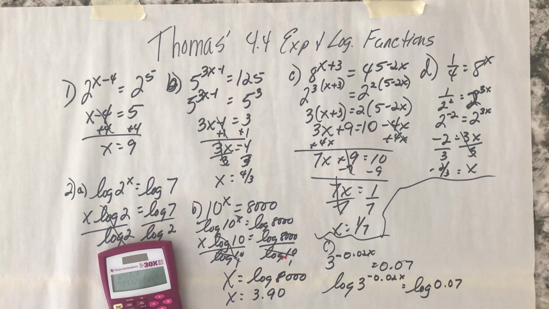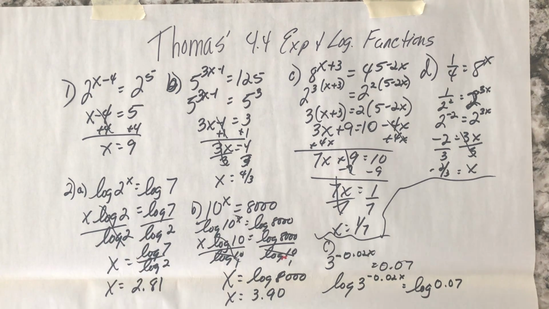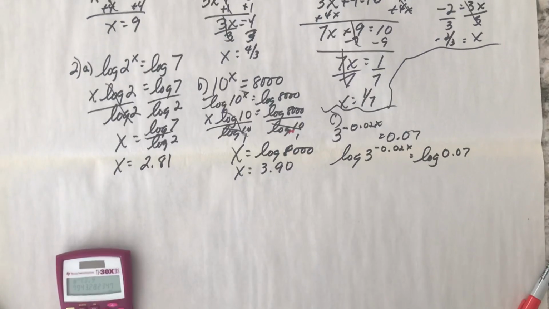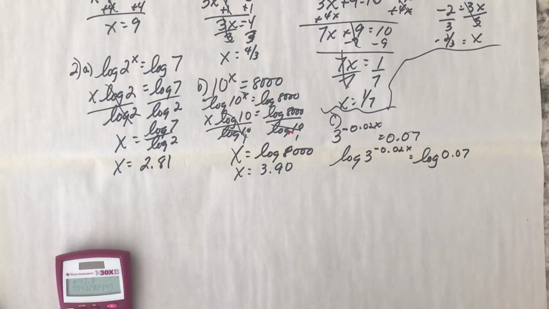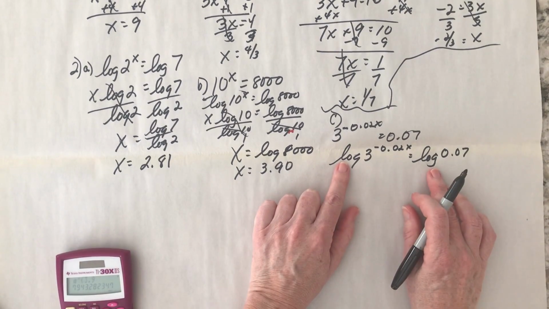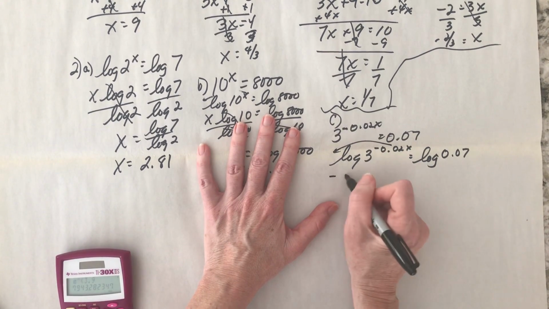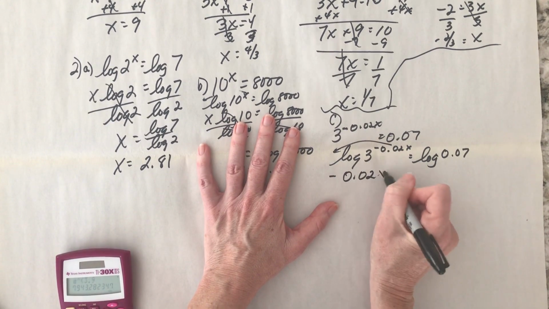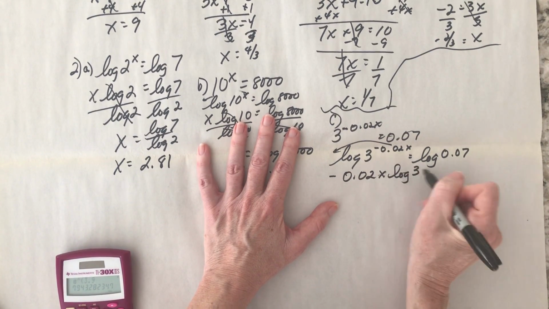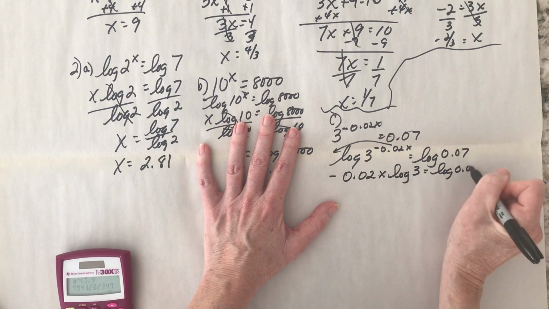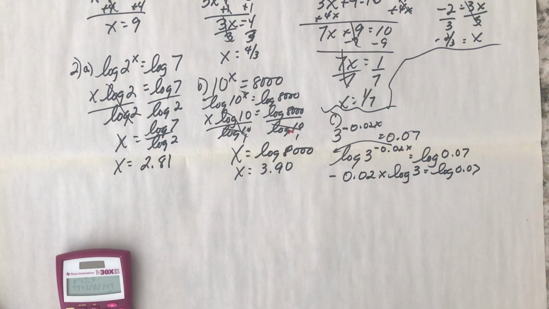What are we doing in terms of space there? I'll go ahead and scoot it down. Good deal. So we've got them both in logarithmic form. Now we can sling this exponent out to the front. Negative 0.02x times log of 3 equals log of 0.07.